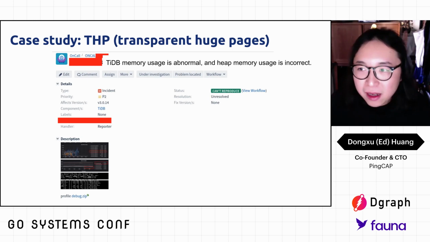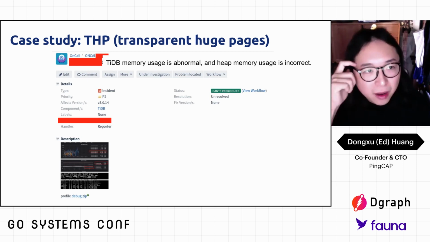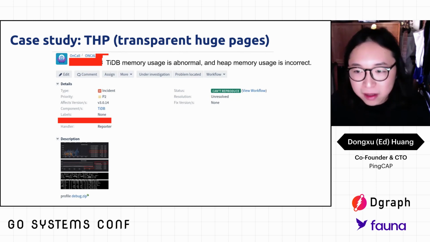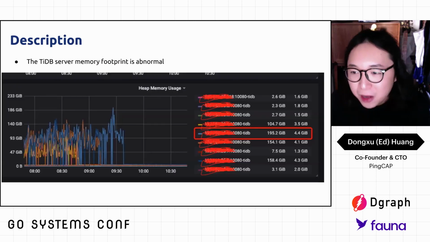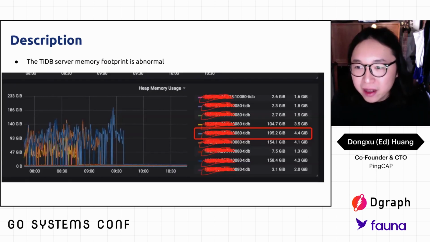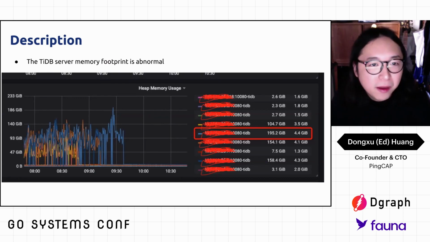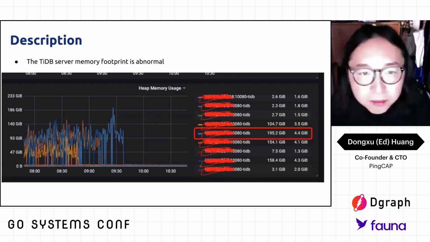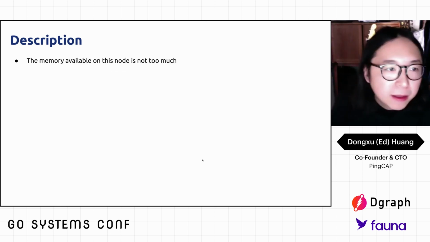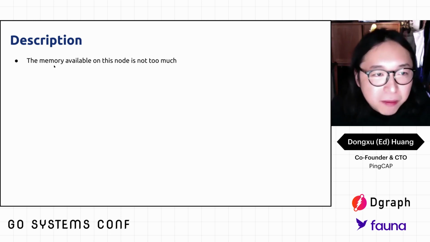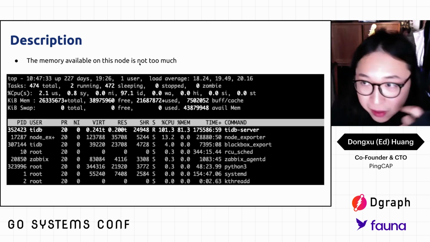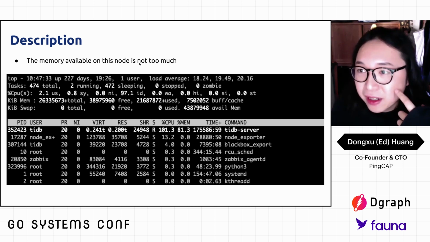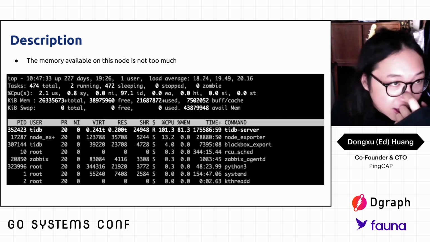This is the screenshot from the dashboard. As you can see, this process used nearly 200 gigabytes of memory, but the others are quite normal. It is very unusual, and the available memory of this machine is not much, so it is a very dangerous situation.